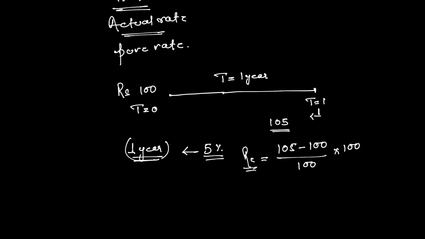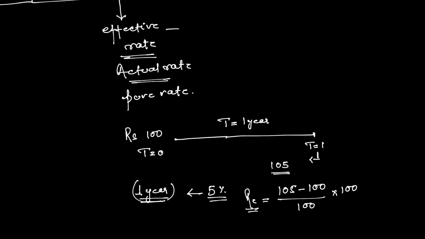This is the pure return, the effective return, the actual return that you generated in 1 year. So the effective interest rate is the actual earned return, the pure interest rate that you earn.